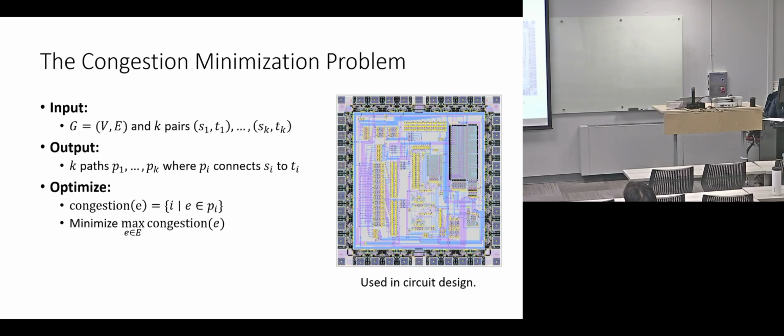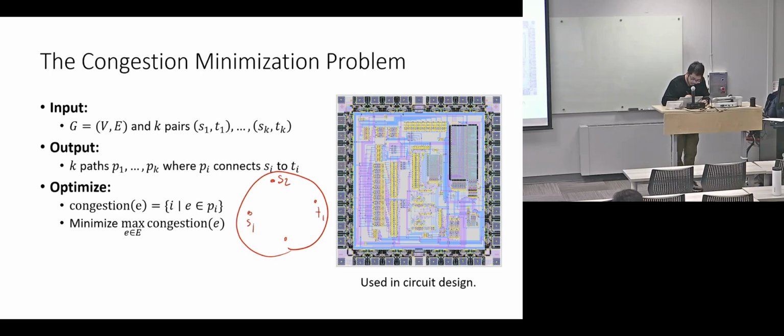So choose k many paths. The idea is you have a graph, you have S1, T1, S2, T2, and so on, and you need to choose the paths.